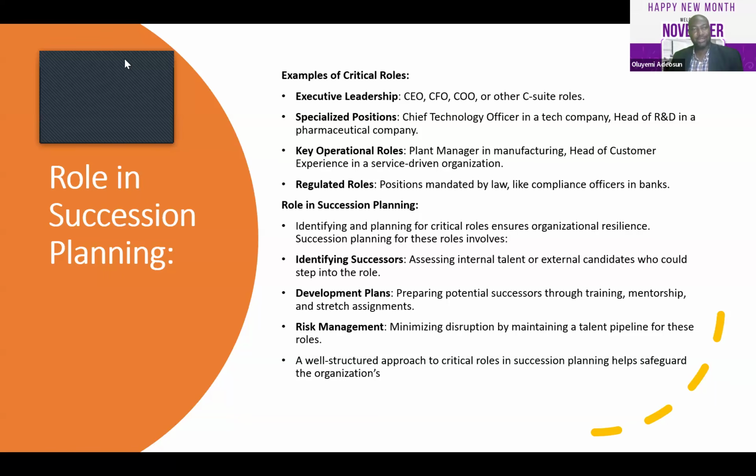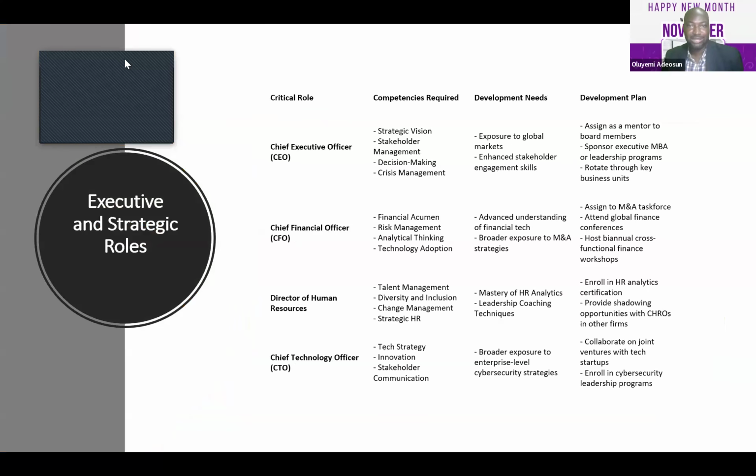You need to put up a development plan. You need to have a risk management plan in place. Making progress now. Okay, look at some of the critical roles. I'm going at this pace intentionally. I need you to get it, because if you get it, you will implement it.